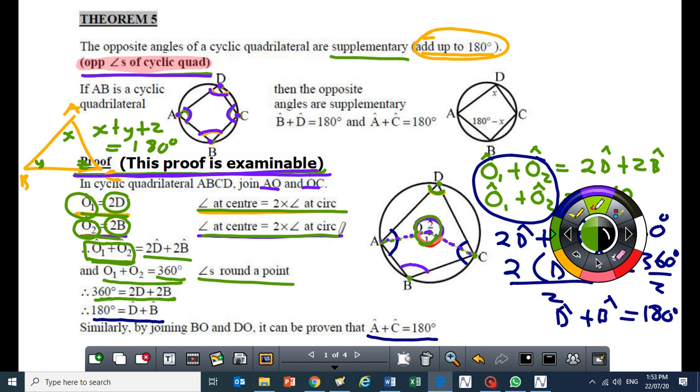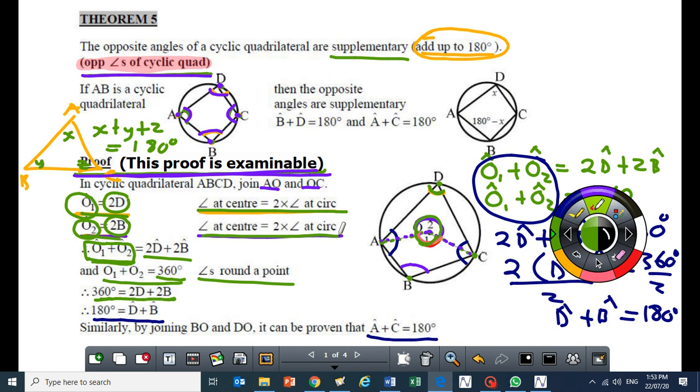Now, it's very important to know what to do next. In mathematics, if you have 2 equations like this, or 2 statements like this, you can add the left-hand sides and also add the right-hand sides. The sum of the left-hand sides is going to be equal to the sum of the right-hand sides.